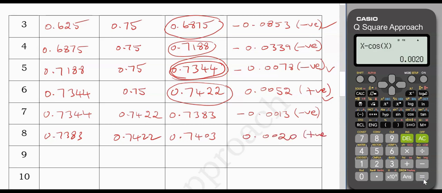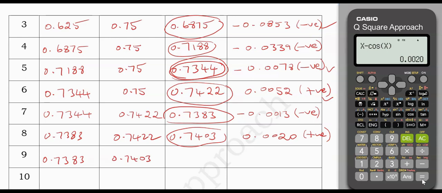This is positive. So the current value is positive, the previous value negative. So the root lies between 0.7383 and 0.7403. Then from the calculator, the value of A is 0.7383 and B is 0.7403.